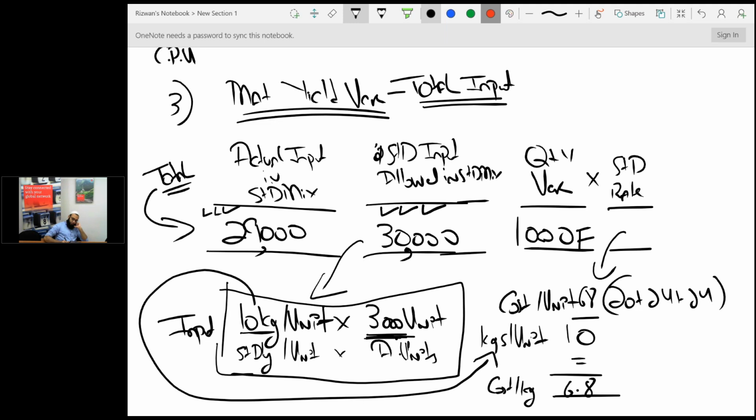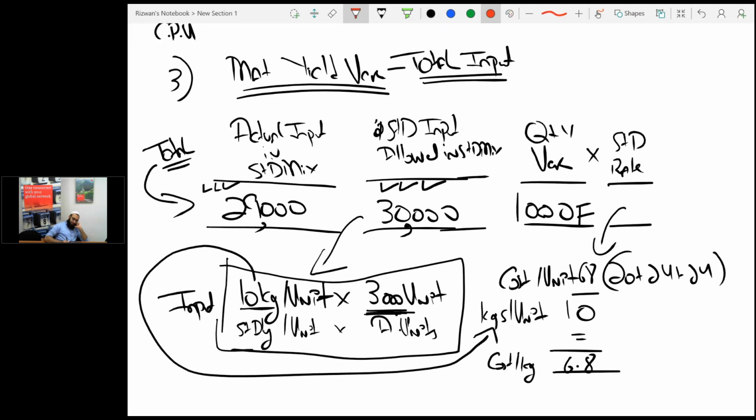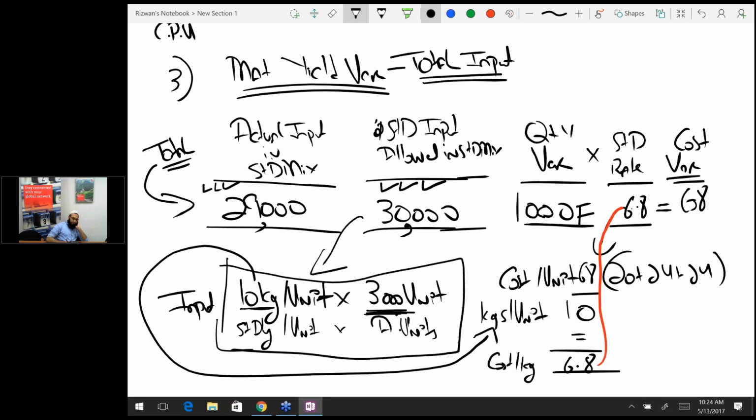So this 6.8 is the rate with which you need to multiply, and you'll get the variance. So the answer is 6,800 favorable.